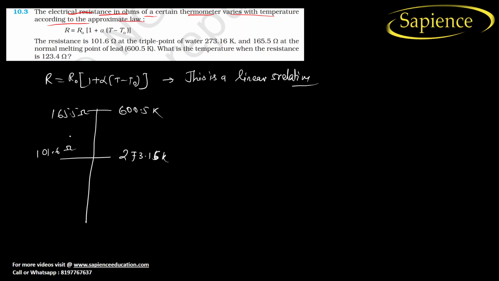123.4? So let us consider this is the temperature T. We need to find the equal ratio. The ratio of this to this should be equal, right? So let us find the ratio.